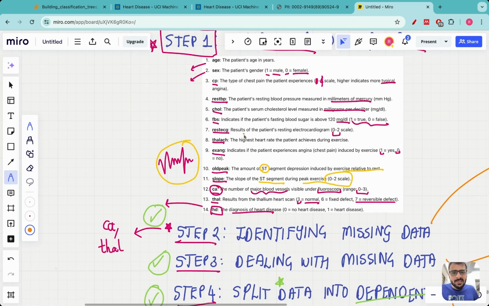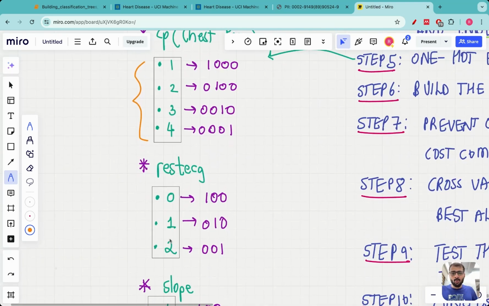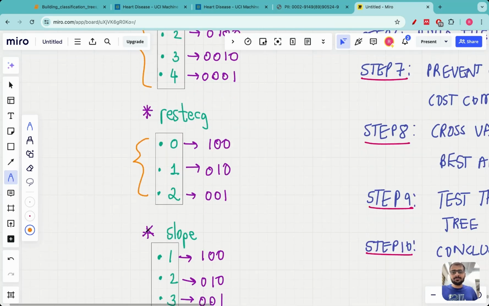Rest ECG is the results of the patient's resting electrocardiogram, and it's on a 0 to 2 scale. So this takes the values of 0, 1, and 2. That's why it's also a categorical variable.